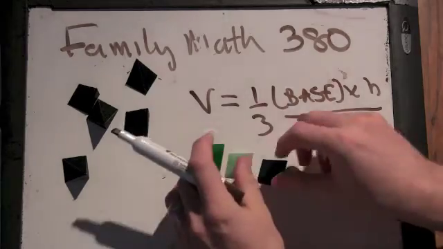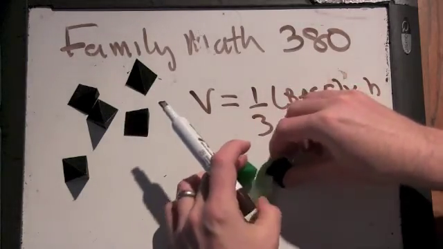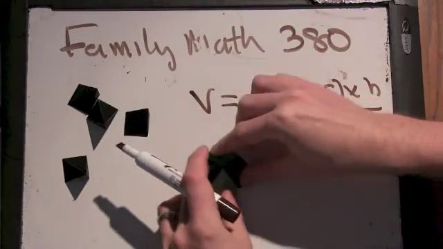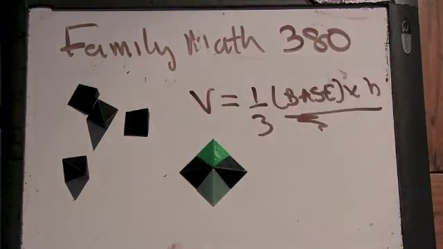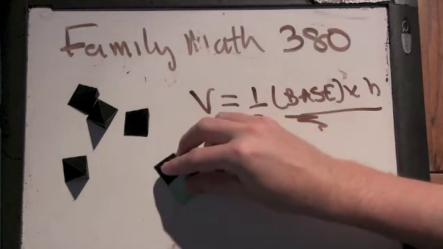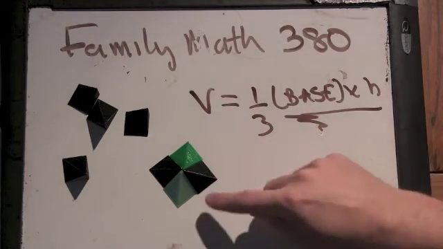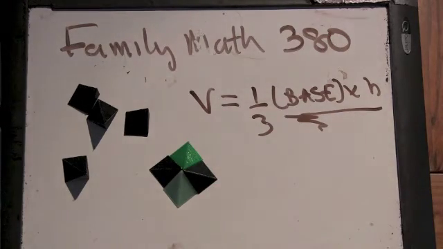So that's nice. So what about this pyramid that we made here? So how do we see for this pyramid that the volume is 1/3 the area of the base, which is that square, times the height of the pyramid?